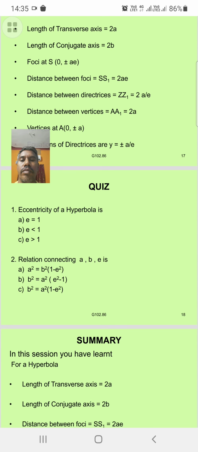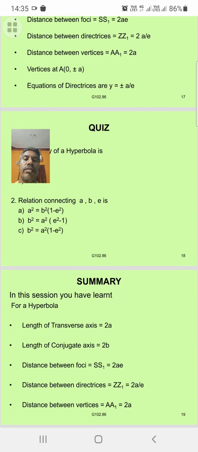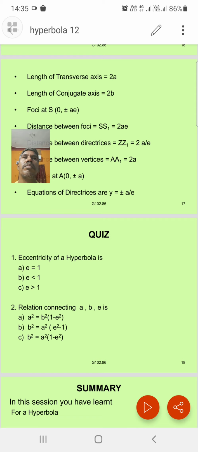If you understand the example problems, you can easily do the exercise problems, because many exercise problems are similar to the example problems. So you have to read the question and understand what is being asked and what is given.